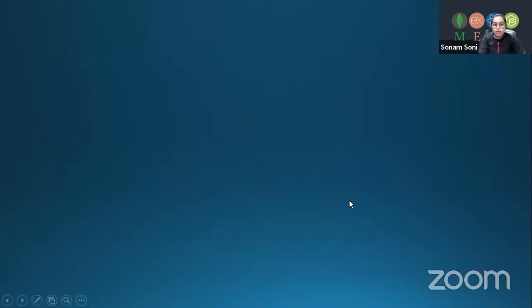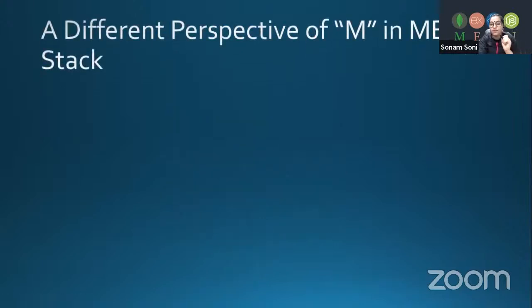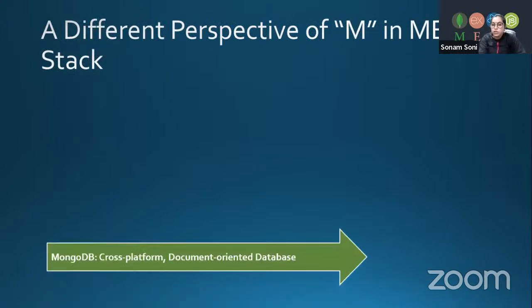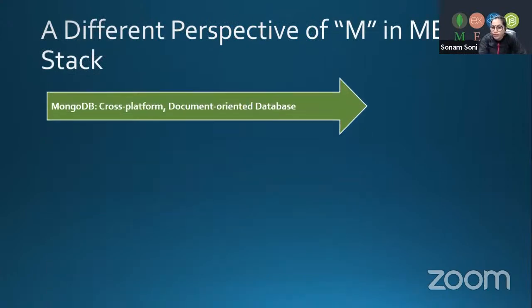Okay. Now next, what is the very important perspective of M in the MERN stack? So M stands for MongoDB, right? MongoDB is cross-platform. You can use it anywhere, whether it is Mac, Windows, Linux, Unix, or any platform. It is a document-oriented database.